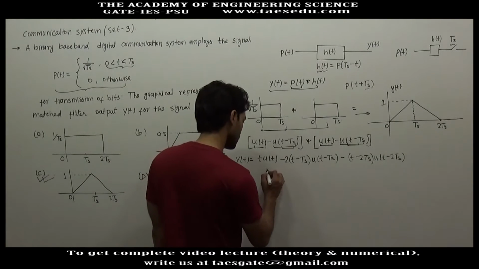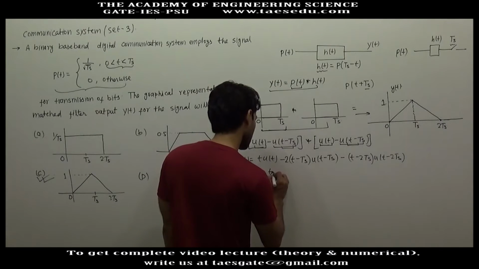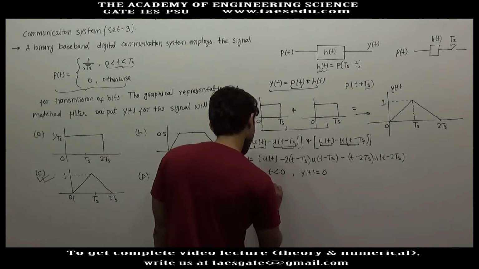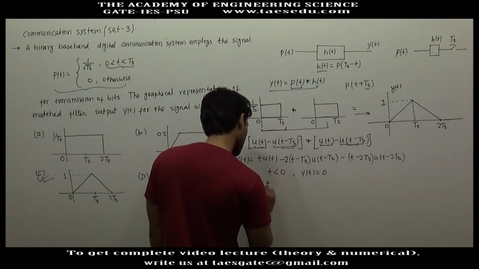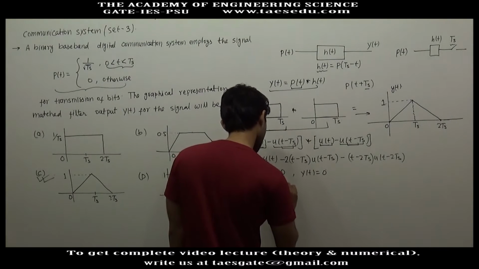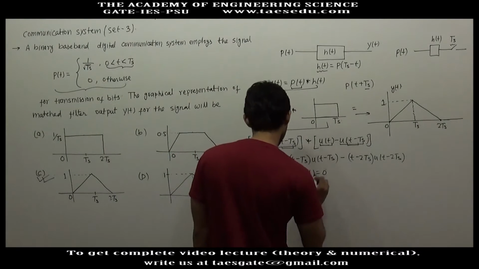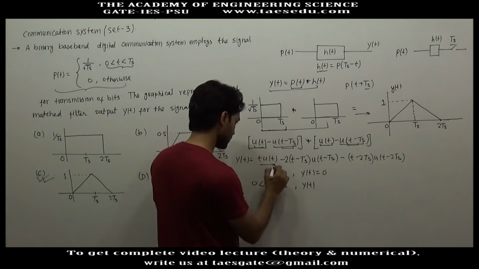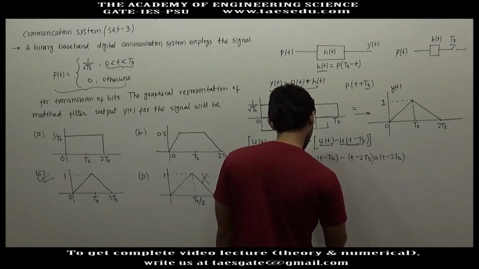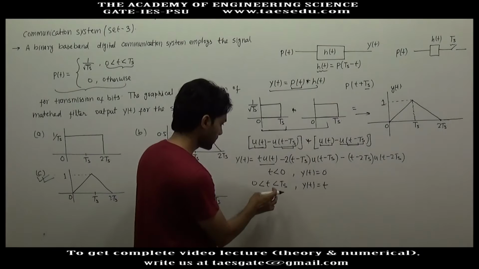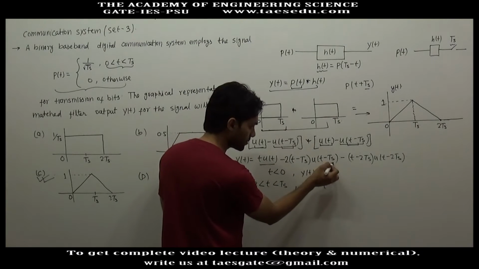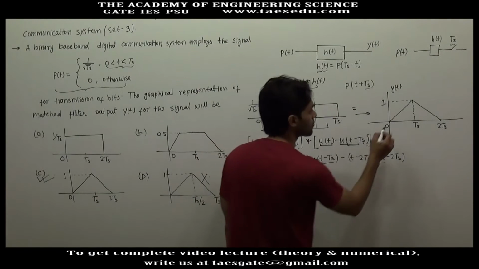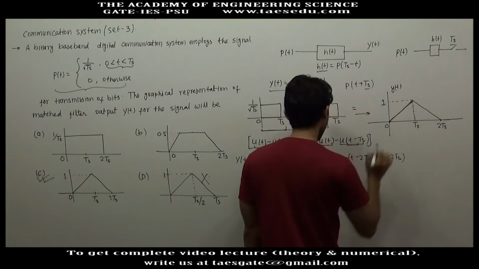There will be 3 ranges for which yt can be broken. For t less than 0, yt is equal to 0. If t is greater than 0 and less than ts, yt will be, if t is greater than 0, this will give you t, and if t is less than ts, this will give you 0. This will also give you 0. So yt equal to t. So from 0 to ts you have yt equal to t.